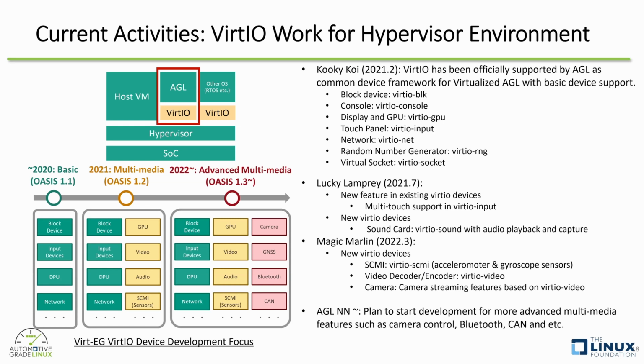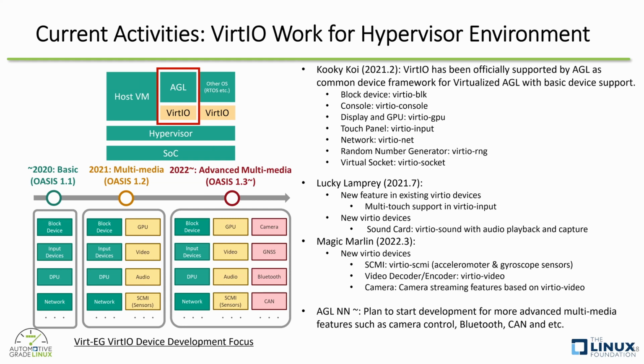And then in the previous year, with Lucky Lamprey, and this year, Magic Marlin, we gradually added new support, especially for multimedia devices. Now for most of the basic use cases, including basic multimedia use cases, the VirtIO devices have already covered them.